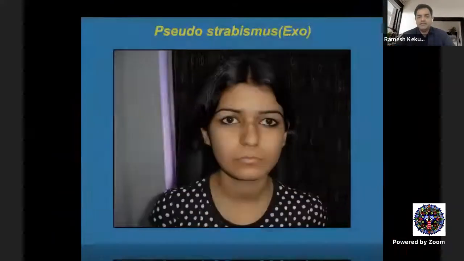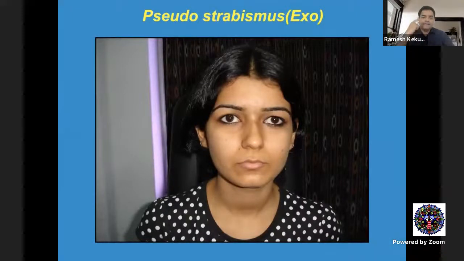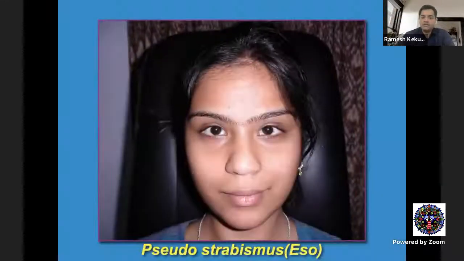In this patient, what is happening? The patient looks like there is exotropia. This is because of the angle kappa abnormality. Positive or negative can lead to this pseudo-strabismus picture. But once you do the cover test, she does not have any kind of deviation.